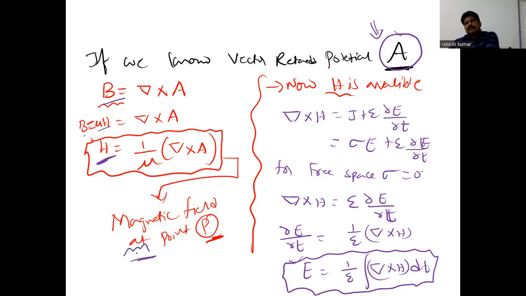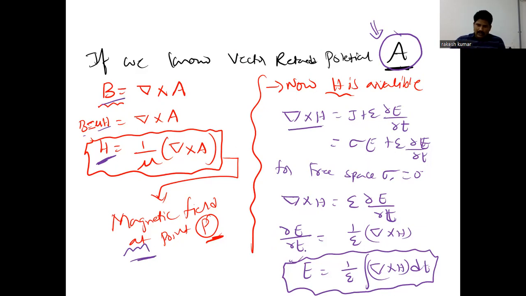Once you have the magnetic field, how do you calculate the electric field? From Maxwell's equation, del cross H is equal to J plus epsilon dou E by dou t. You know that J is equal to sigma E, and for free space sigma is equal to 0. Therefore, del cross H is equal to epsilon times dou E by dou t.